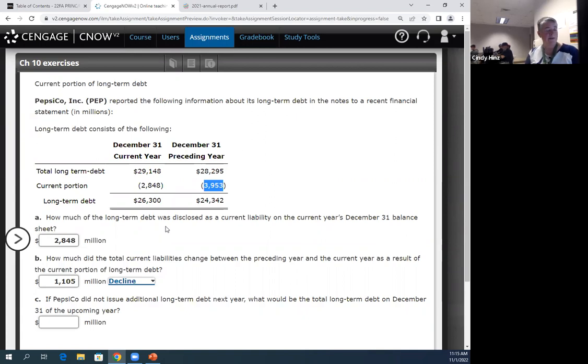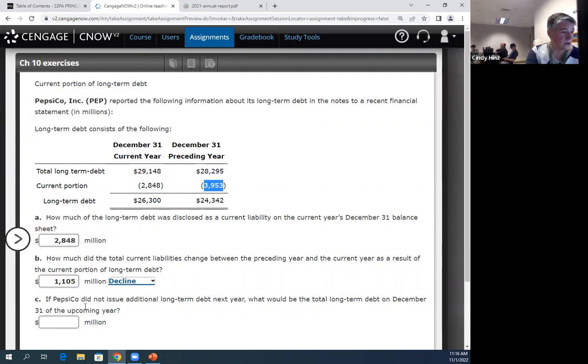Letter C says, if PepsiCo did not issue additional long-term debt next year, what would be the total long-term debt on December 31st of the upcoming year? So again, they did issue more long-term debt this year. Even though they paid off almost $4 billion, their total long-term debt went up by almost $1 billion. And so they must have issued about $5 billion more and paid off $4 billion.